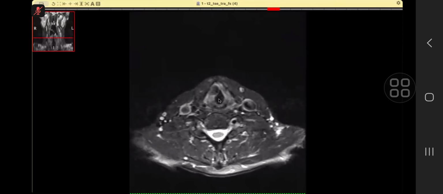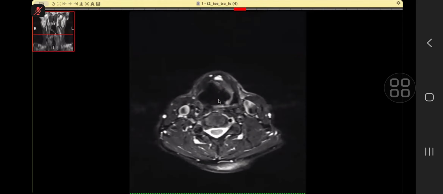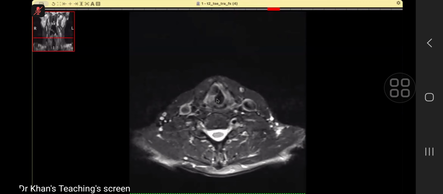So it could be laryngocele. I will also confirm it on the other views, in the coronal views, but likely this air containing structure is laryngocele along the right side. So I will inform the findings to the referring physician and will suggest referral to the ENT surgeon for further evaluation.